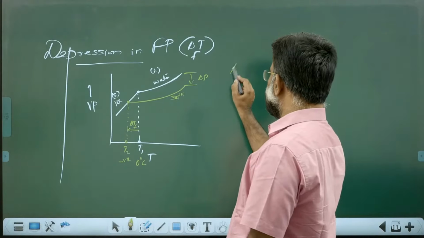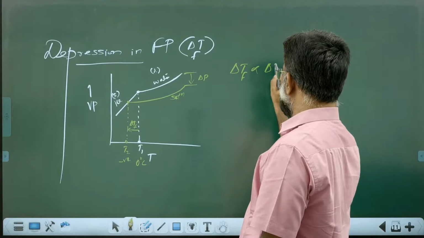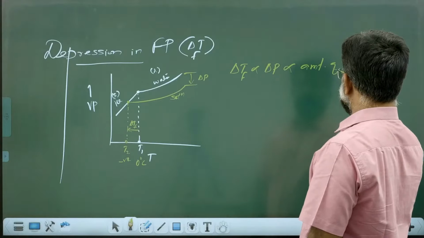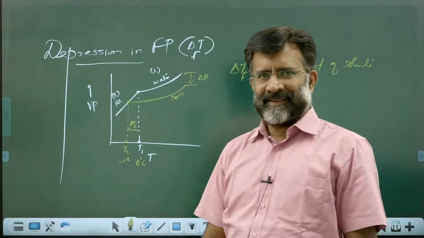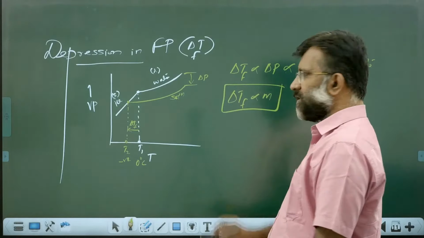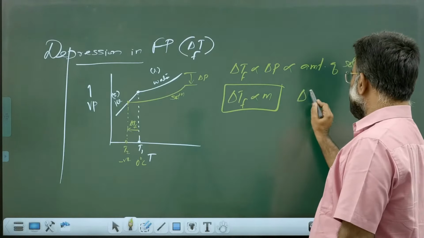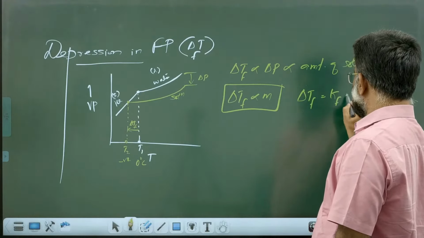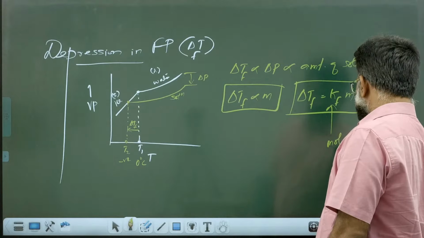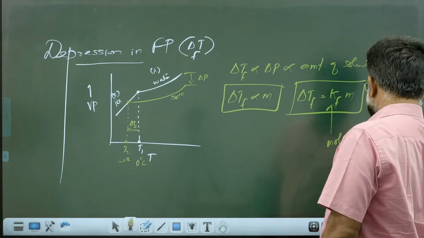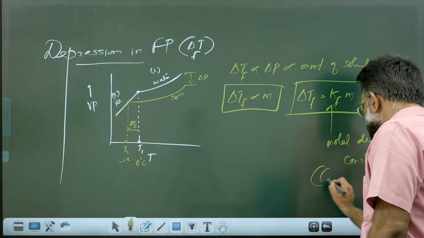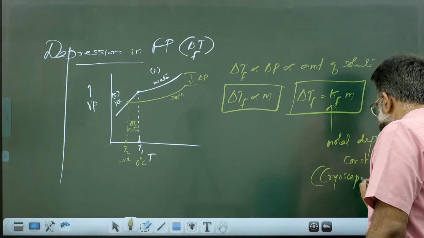Once again, this delta TF is proportional to delta P, which is proportional to the amount of solute, a colligative property. So we conclude delta TF is proportional to molality, which is a concentration term, and delta TF is equal to a constant Kf into molality, where Kf is called the molal depression constant, also called the cryoscopic constant.